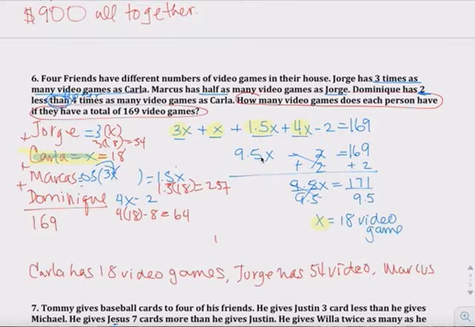Marcus has 27 video games. And Dominic has 64 video games.